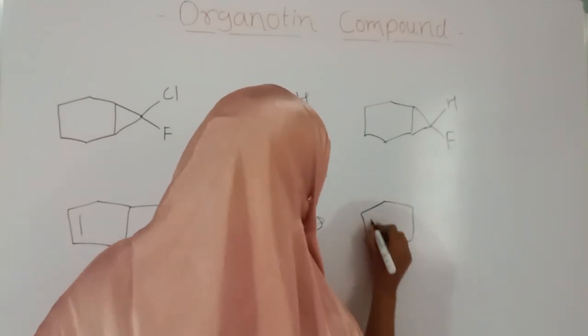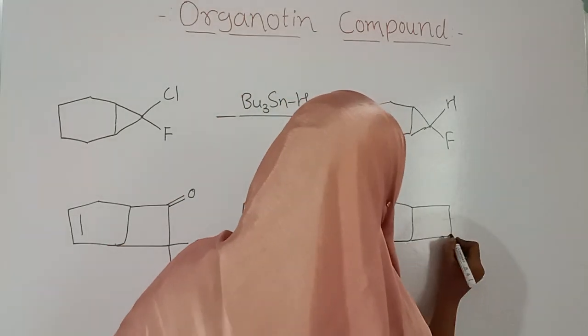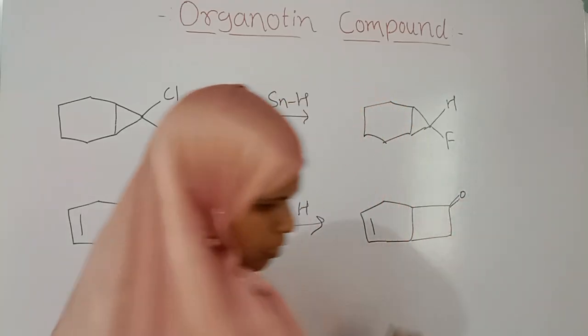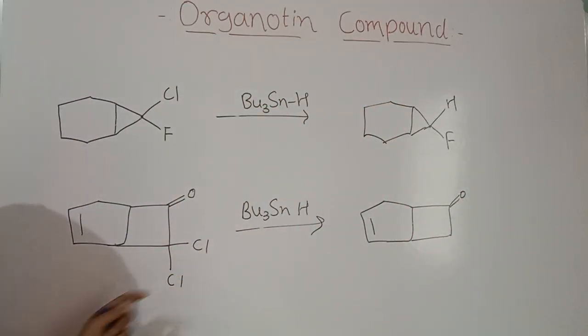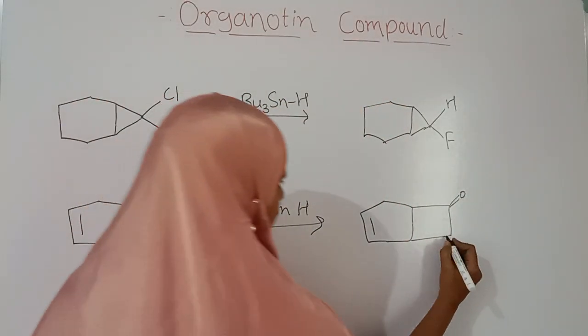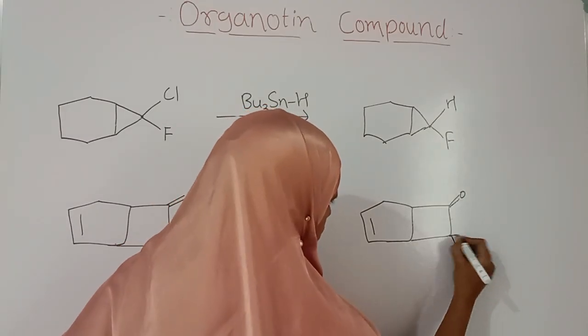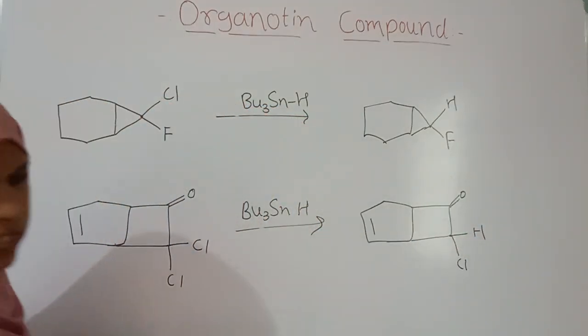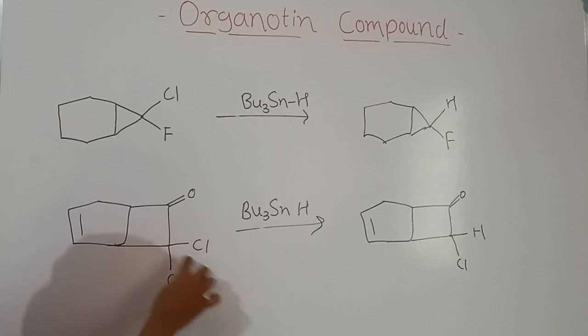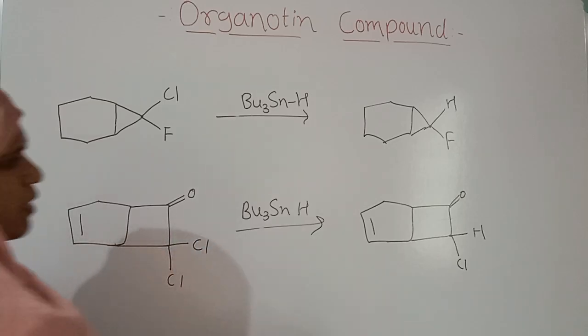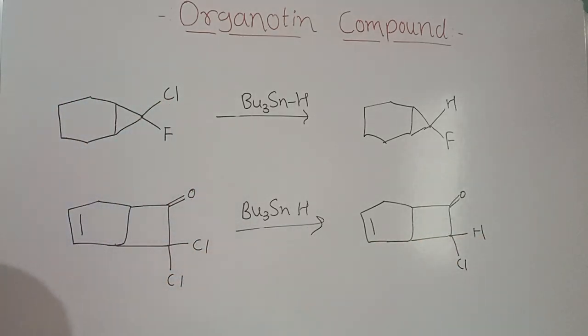Here in this example, both halogens are chlorine. Here we get this type of product. These halogens are replaced with hydrogen atoms.